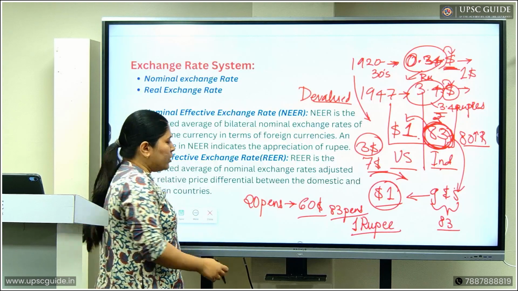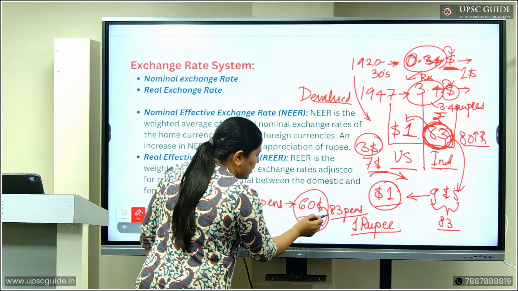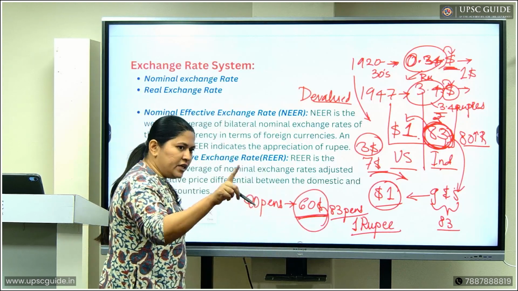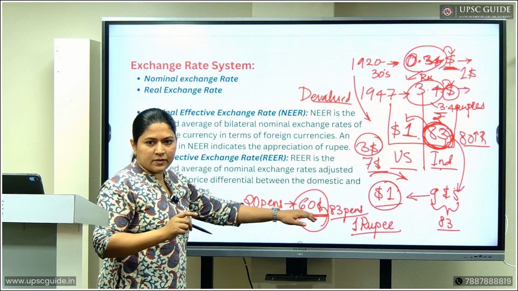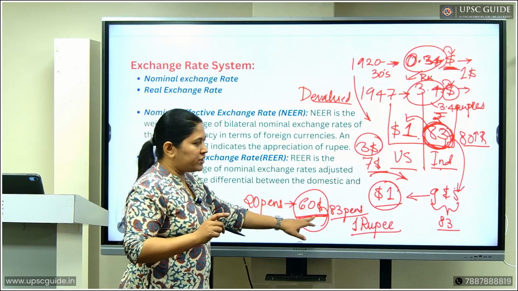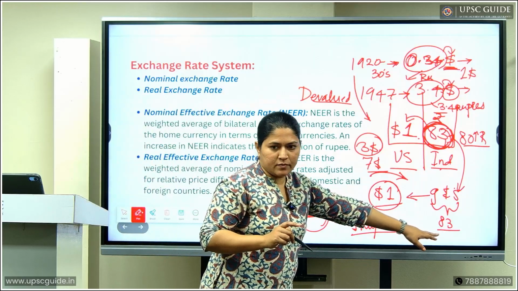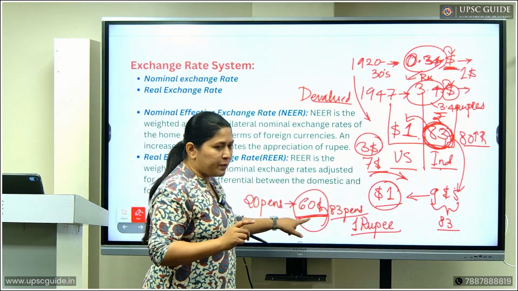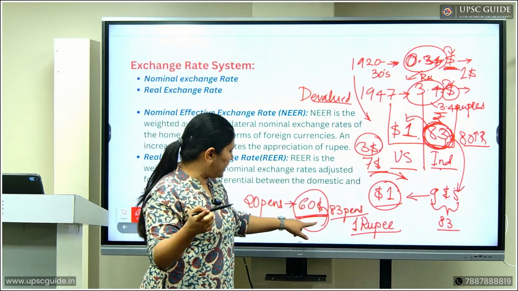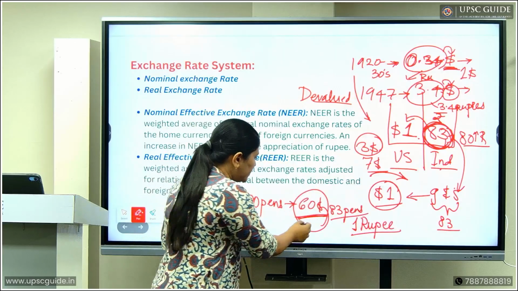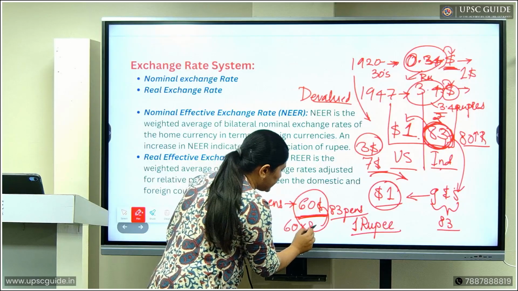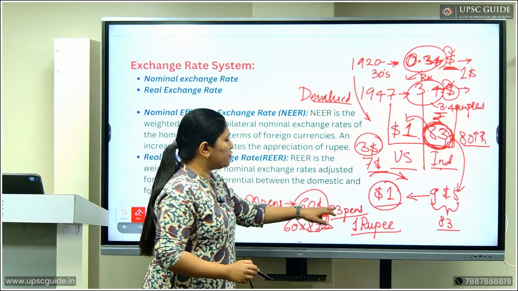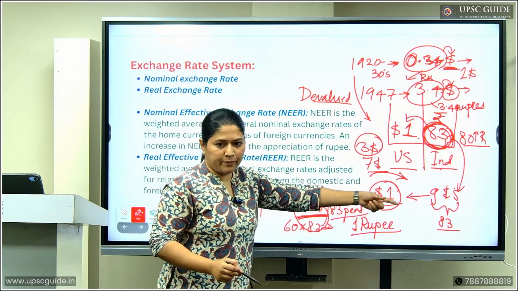If a single dollar is 83 rupees, then 60 into 83 is much higher than what we are giving them.